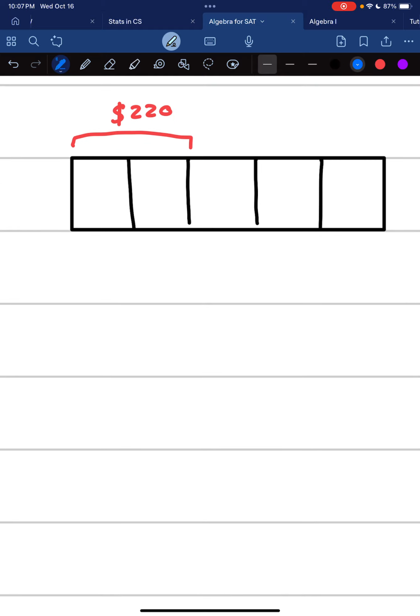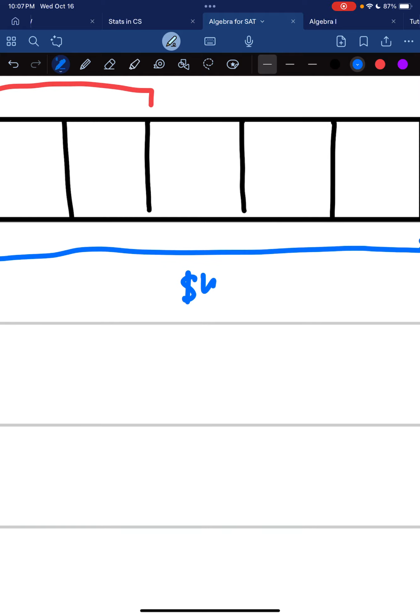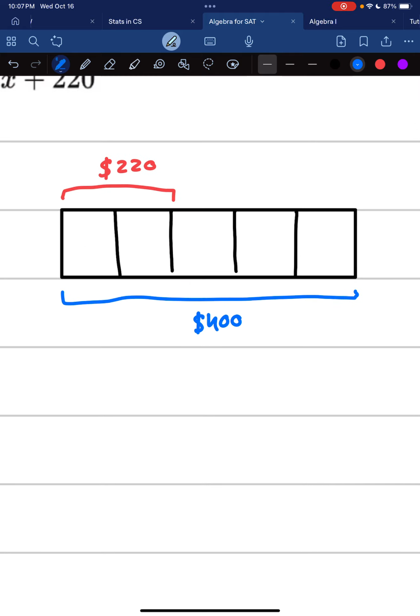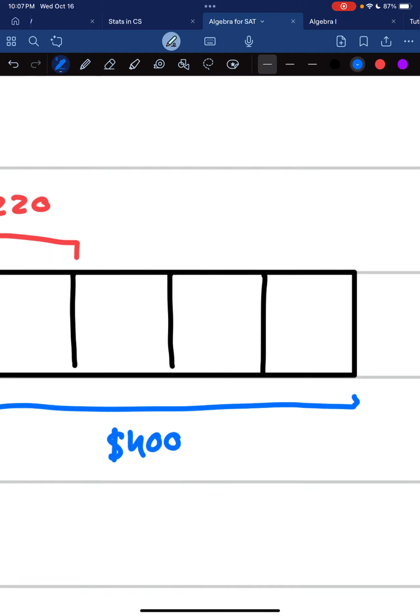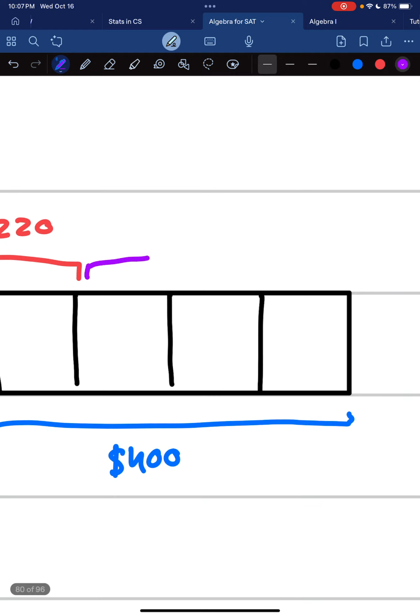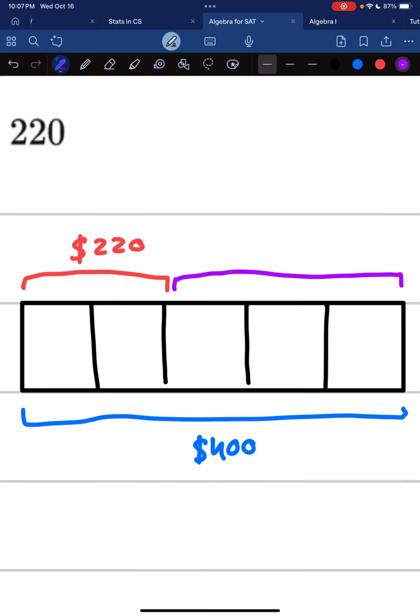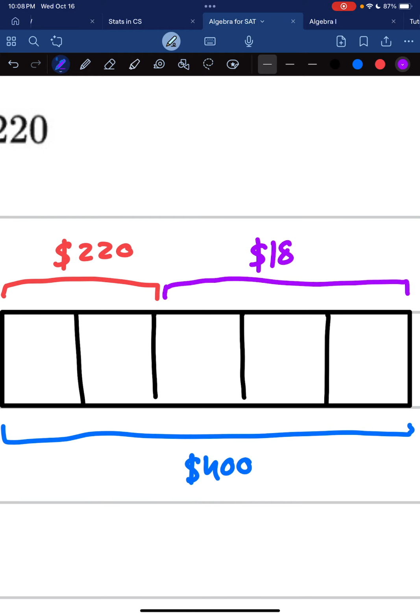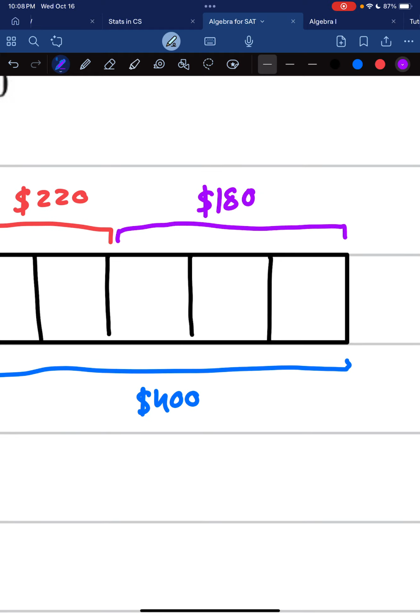But we do know that 5 hours costs $400. So if we want to know what is the total amount for the 3 hours after the first 2 hours, that's just going to be 400 minus 220, which is 180. So we know that the next 3 hours after the initial 2 hours are going to cost $180.